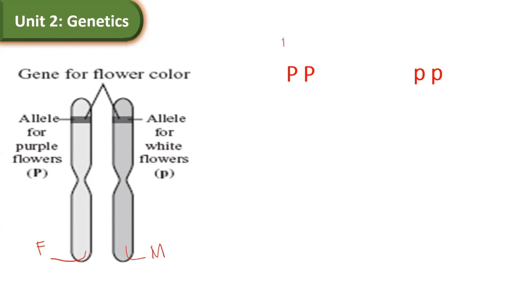Let's consider these two capital P as the father side and these two small p's from your mother side. In this case, the father side can share this one allele, and the mother side can also share this one allele.